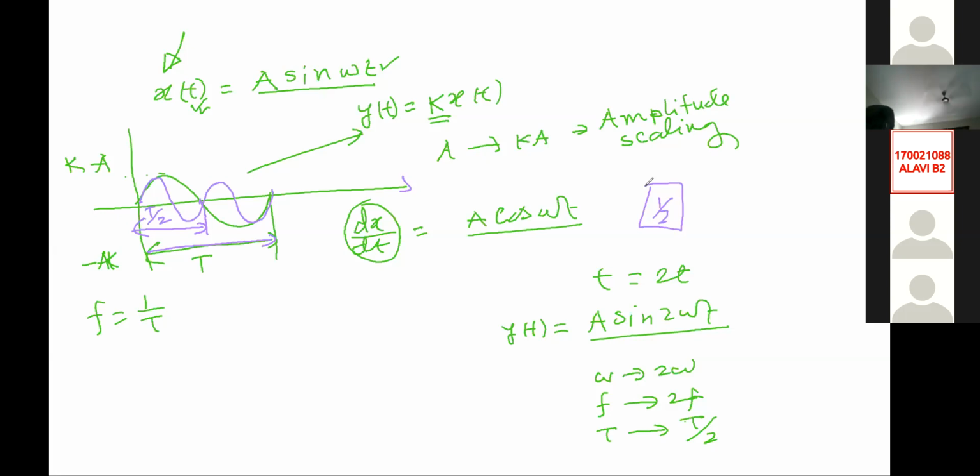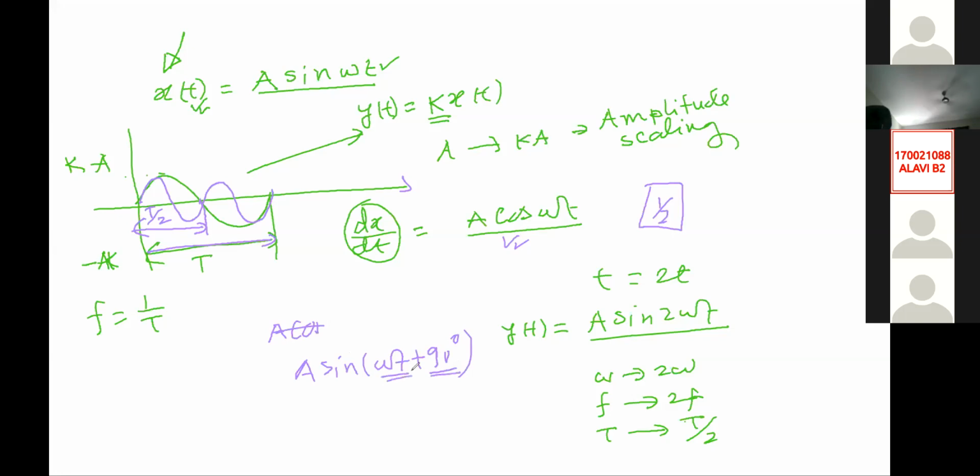Along with expansion and contraction, we may have, for example, an operation on our signal. When we differentiate this signal, can we write it in this way, that cos omega t can be A into sine of omega t plus 90 degrees? Can we write this? That 90 degrees can again be transformed into time.